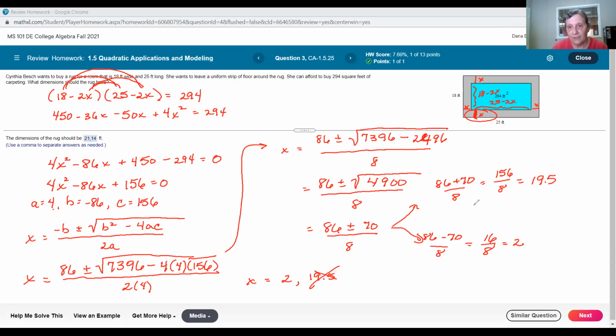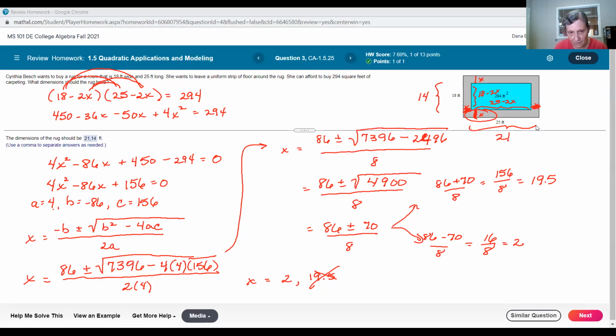2 is a possibility. If x were 2, then knocking 2 off here and 2 off here would make this 14. 2 off of each end here and here would be 4 from 25 is 21. And this is for the rug. And notice that 14 by 21 is indeed 294.